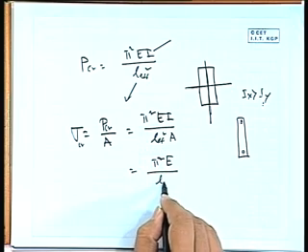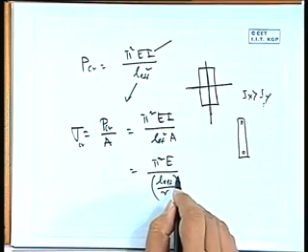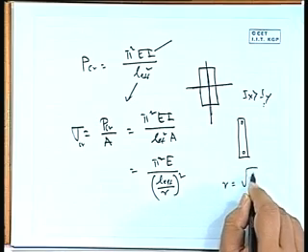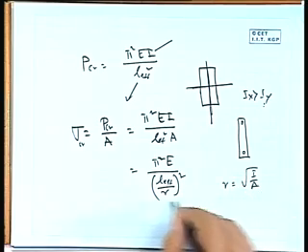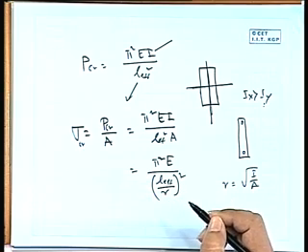So we can say L effective by r square. So r is what? r is root over I by A. So its square means I will go up, it will be A.